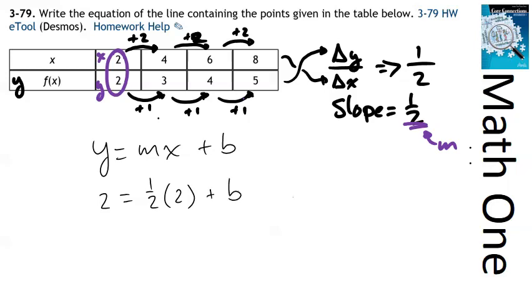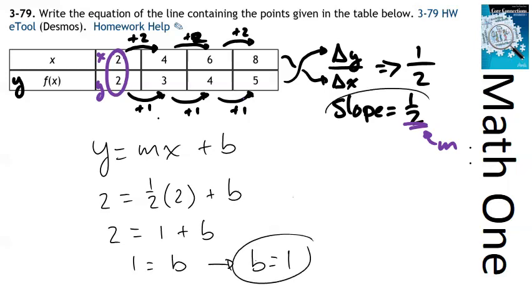If I simplify this, 1/2 times 2 is 1, so I've got 2 equals 1 plus b, and if I take away 1 from both sides, you can see that we can conclude our y-intercept b is +1. Well, now that I know what my y-intercept is, and now that I know what my slope is, I can write the equation of this line, right? The equation is y equals 1/2 times x, and then plus 1.